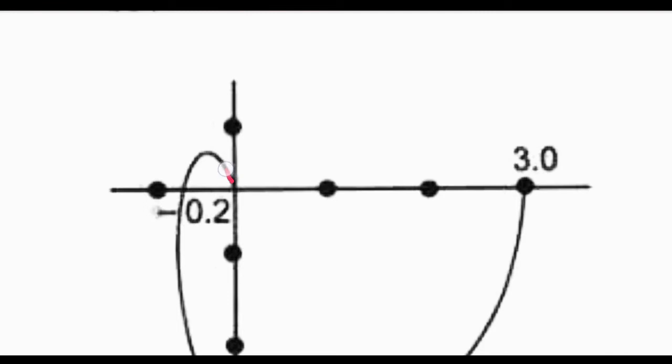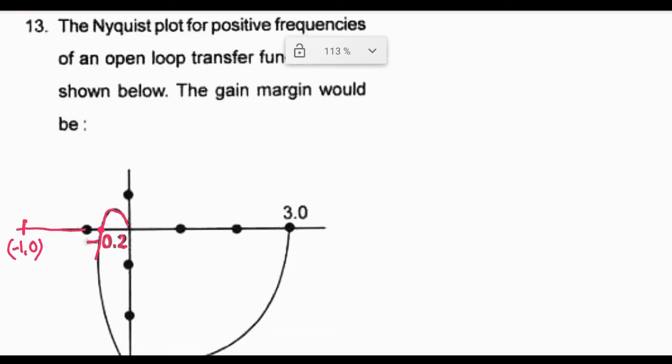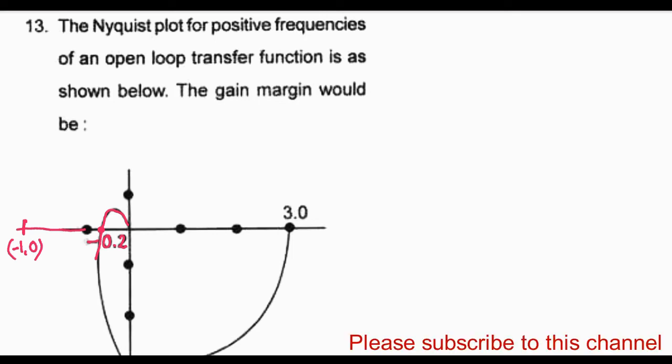The plot goes like this, and this point is -0.2. That means -1 is like here. So this is not encircling -1, that means this is in stable condition. If this encircles -1, then it will be unstable.